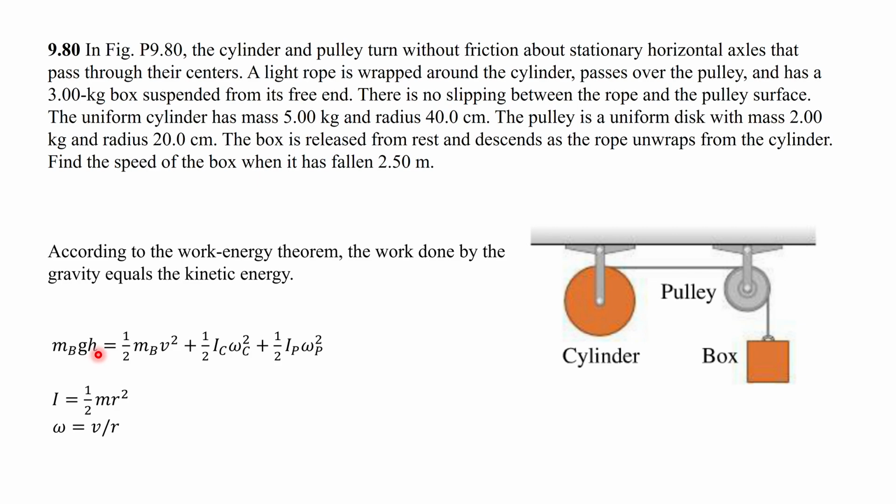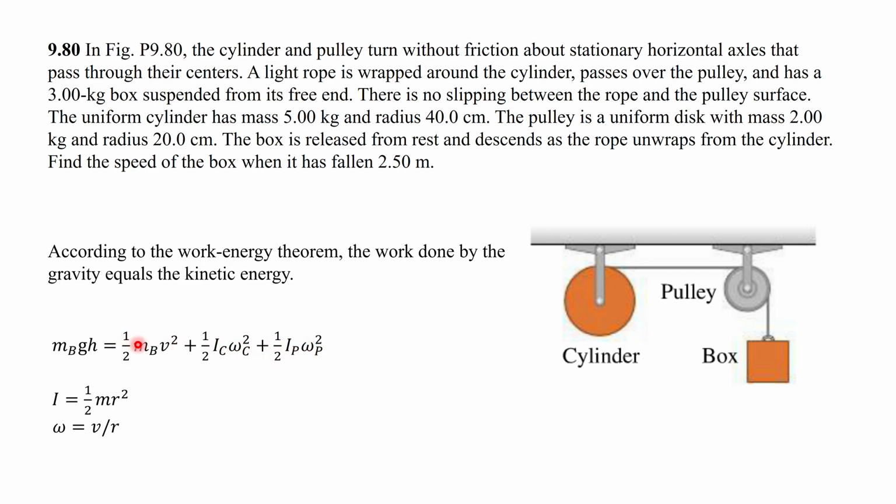This is 2.5 meters, and this is the work from the gravity. This is equal to the kinetic energy. In this system, we have 3 objects in motion, so we have to sum the kinetic energy for each one. So we have the kinetic energy for the box, the kinetic energy for the cylinder, and the kinetic energy for the pulley.